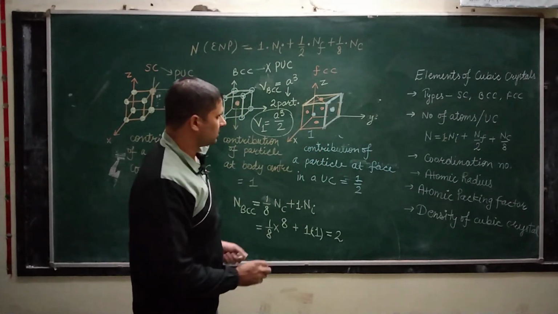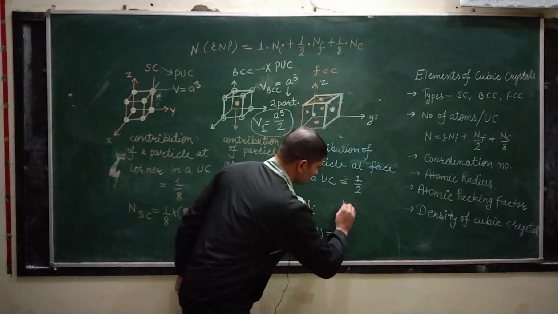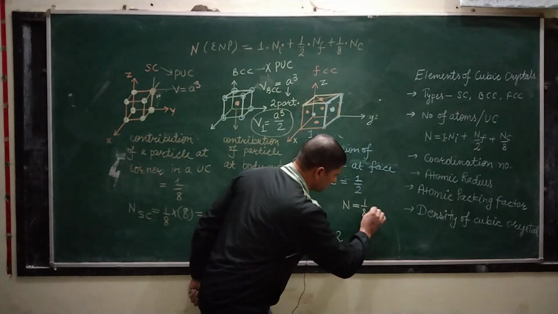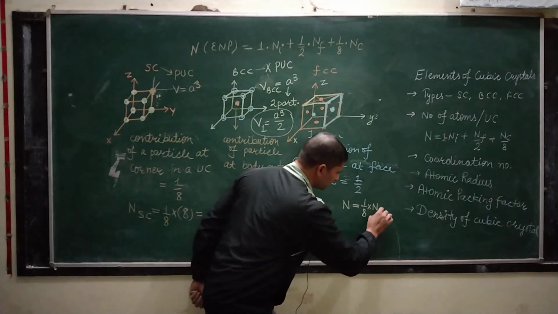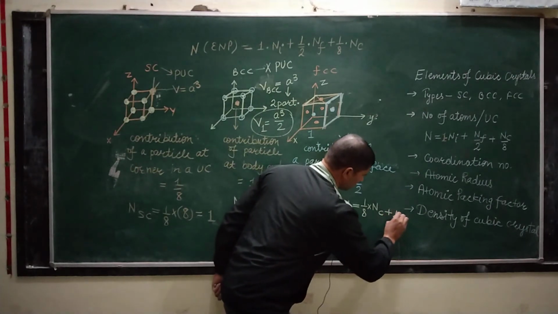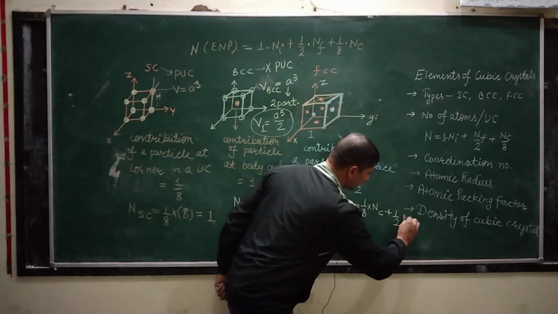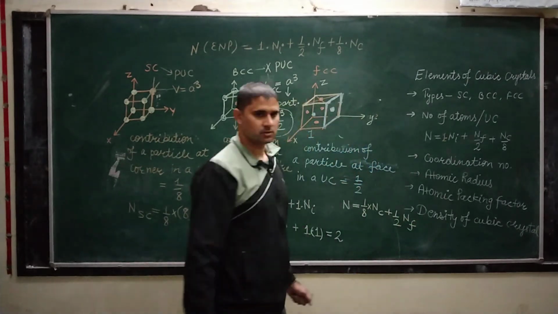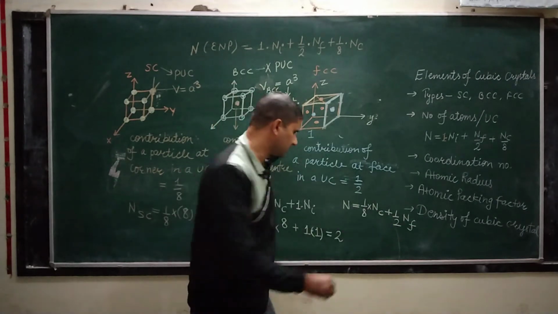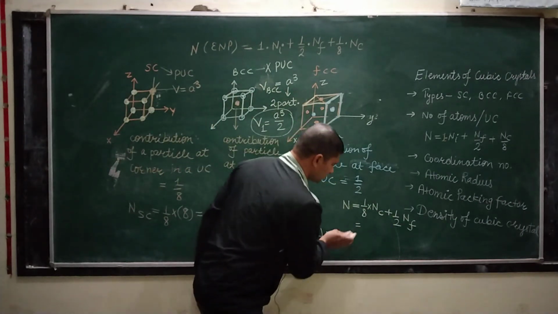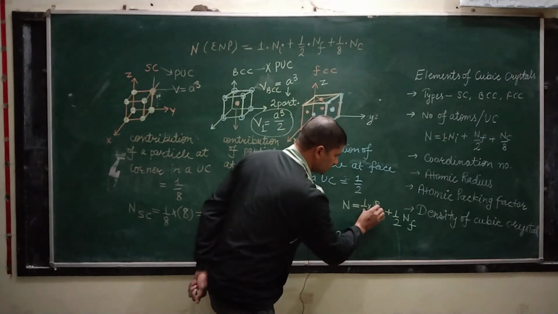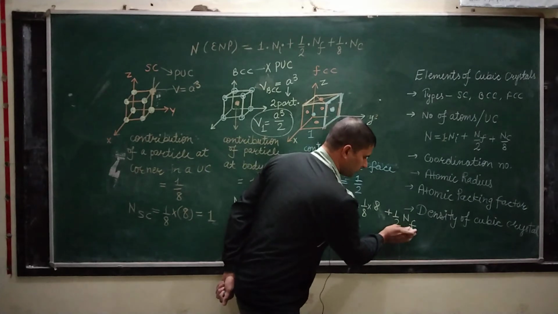So the effective number of particles will be equal to 1 by 8 times the number of particles present at the corner plus 1 by 2 times the number of particles present at the faces. You see, no particle is in the interior here, so no need to write that. Here the number of particles at the corner is 8, as you have seen, and the number of faces is 6.